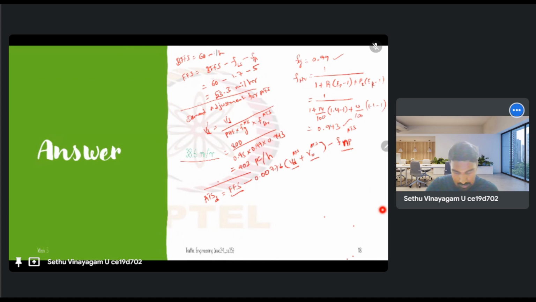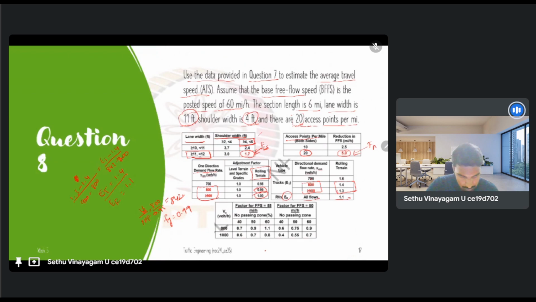So let's calculate what the FNP value is. What does it depend on? It depends on the opposing flow rate, as well as the percentage of no-passing zones, and also on your free flow speed.